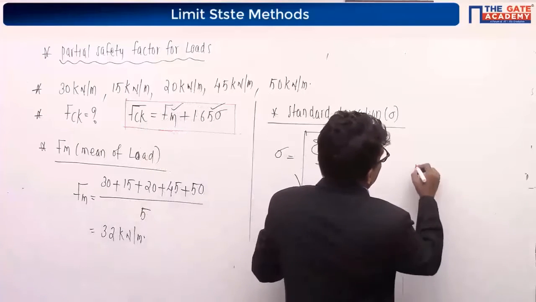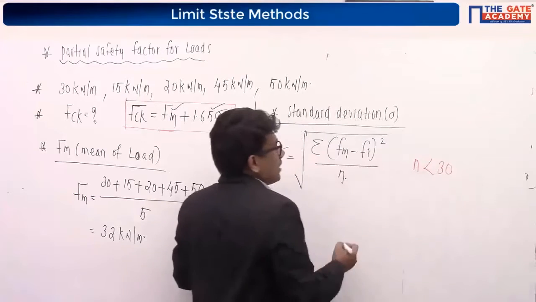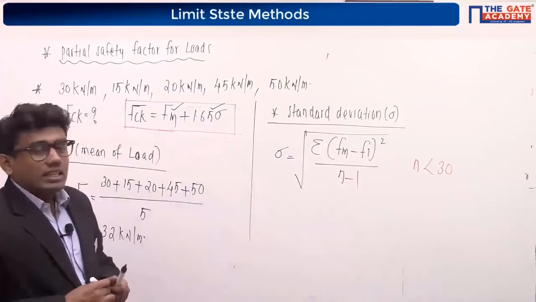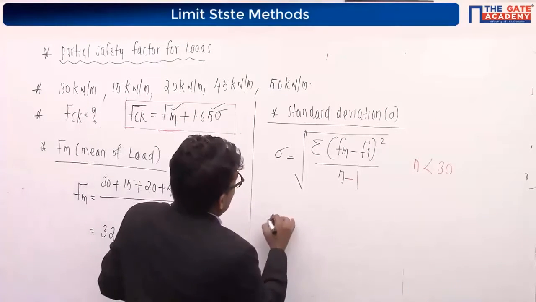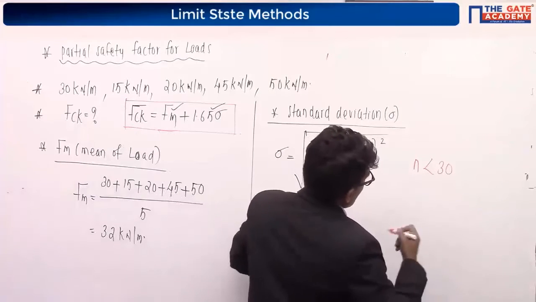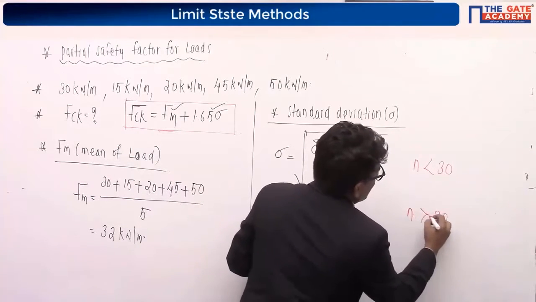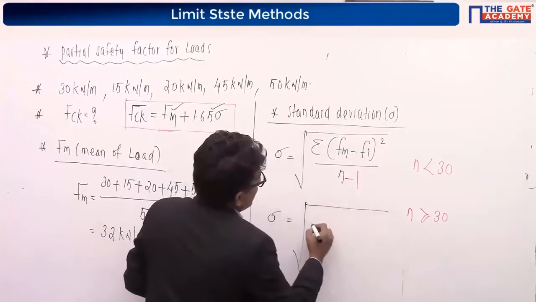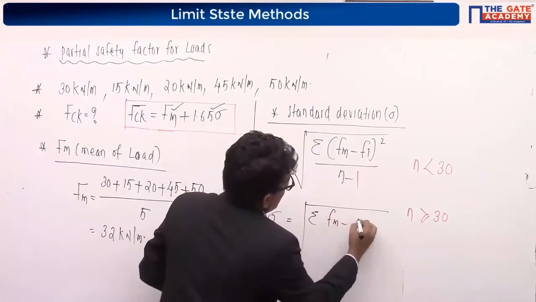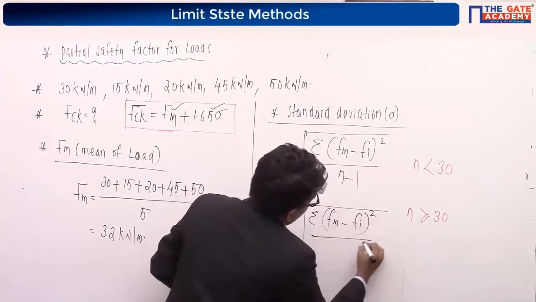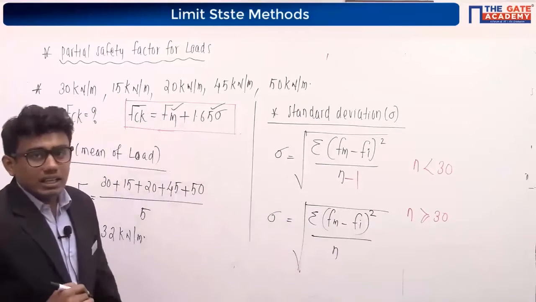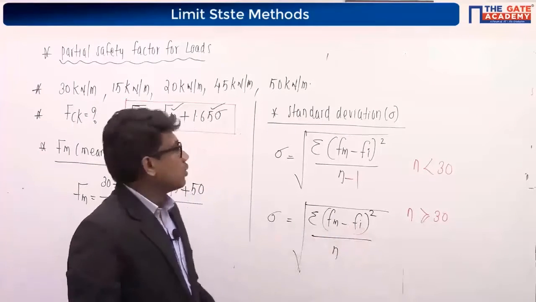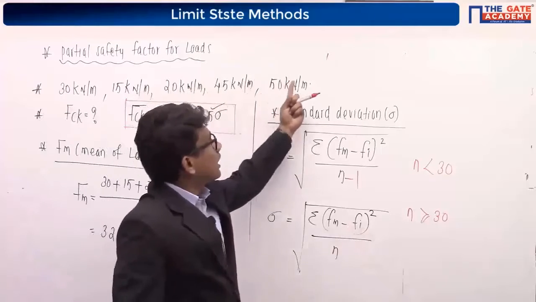If the number of samples is less than 30, we have to modify the equation: sigma equals the square root of the sum of (Fm minus Fi) the whole square divided by n minus 1. If the number of samples is greater than or equal to 30, it is the sum of (Fm minus Fi) the whole square divided by n, where Fm is the mean load and Fi are the load values F1, F2, F3, F4, F5, etc.